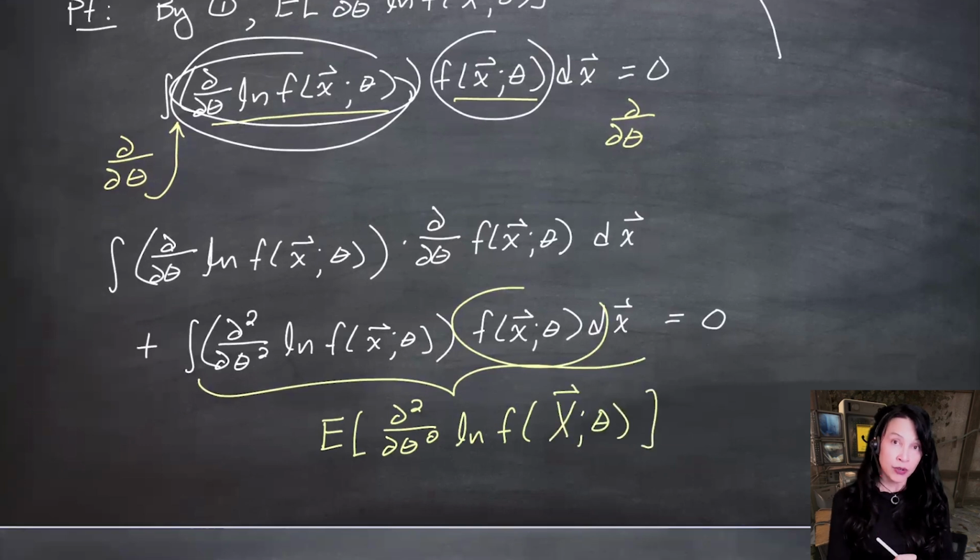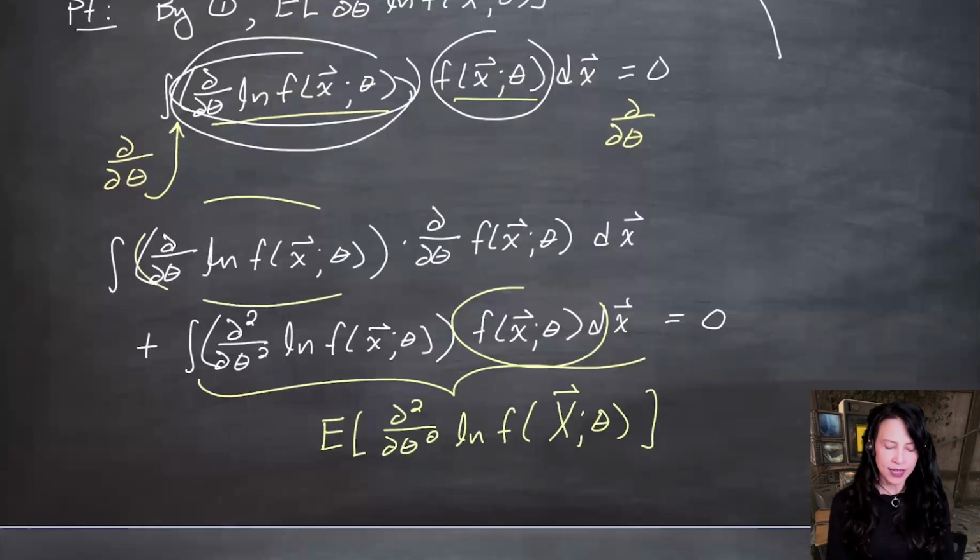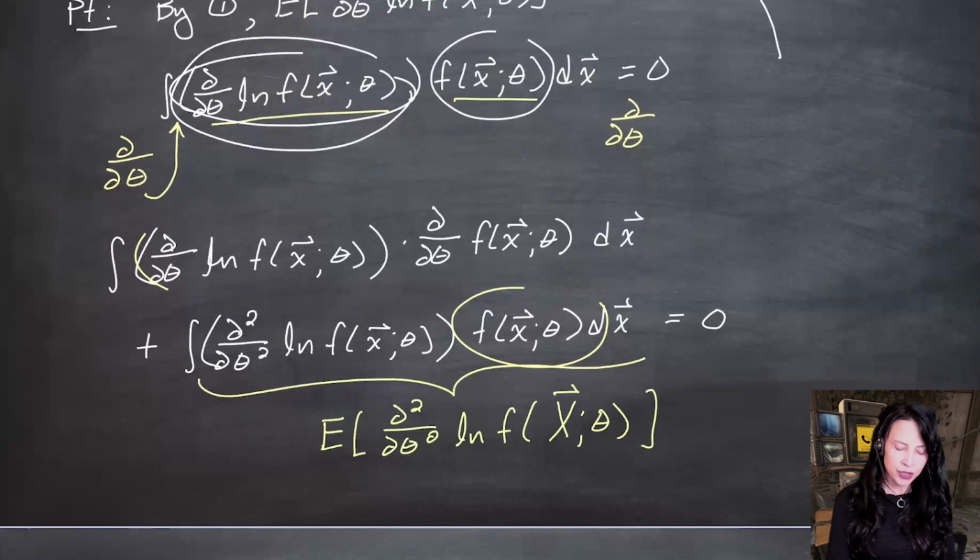The first integral, I'm not integrating against a PDF. I'm integrating a function against the derivative of a PDF, but it's not going to be an expectation until we do one of our log tricks here.